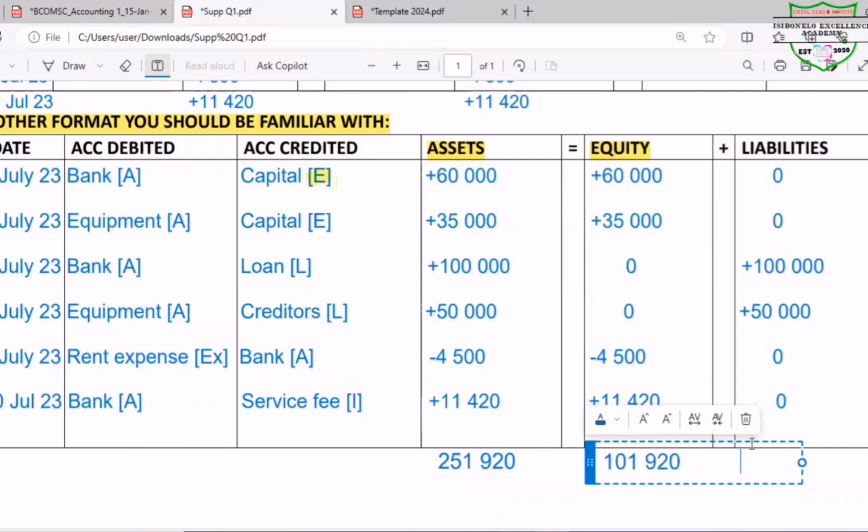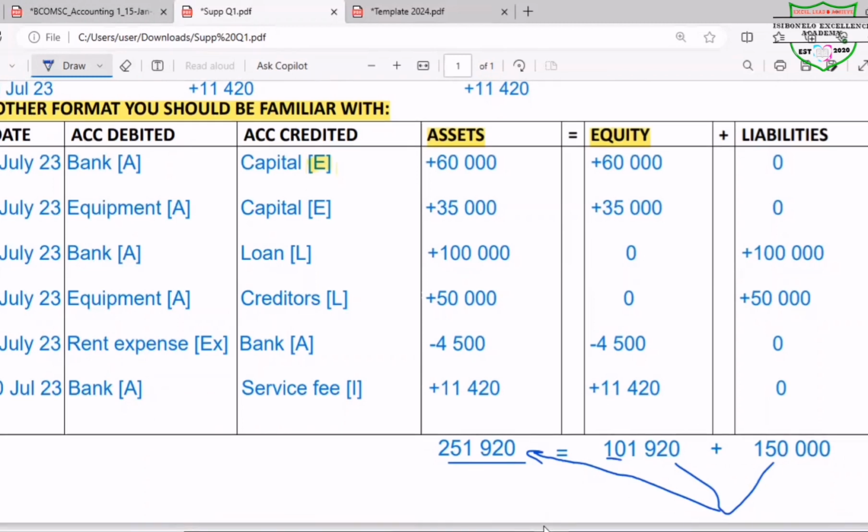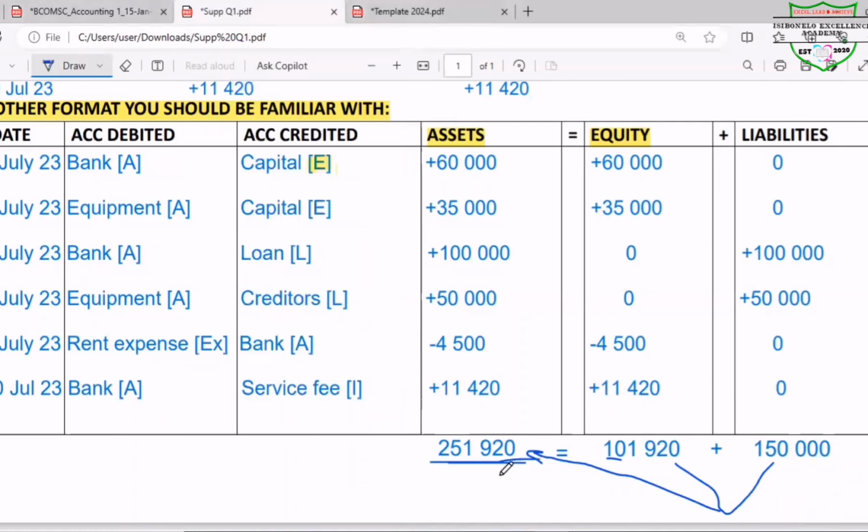The left hand side should equal the right hand side to check if our equation balances. So now we're gonna add 101,920 and 150. This should give us 251,920. You can see that indeed our left hand side is equal to our right hand side. If we combine equity and liabilities, we get the same balance of 251,920, which is the asset balance.